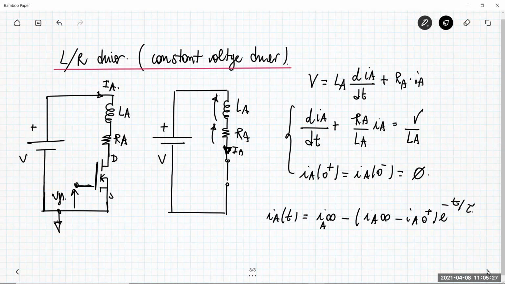It says that the solution of a first order linear differential equation with just one time constant is the current at time t infinite, minus the difference between the infinite current minus the current flowing at time instant 0 plus, times exponential of minus t over tau. Tau is the time constant, and it is easy to understand that it is LA over RA.